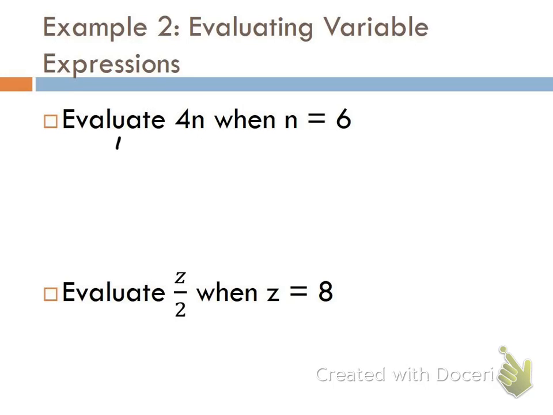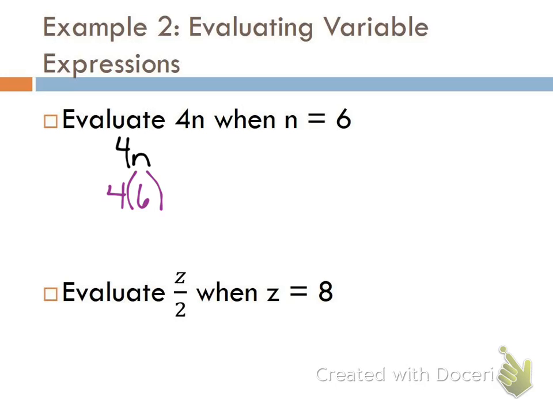However, when I substitute it, I have to use parentheses to show multiplication. I can't just say 46, right? No, because that's not correct. It's multiplication. So now I have to use parentheses to show that I'm multiplying the numbers together.